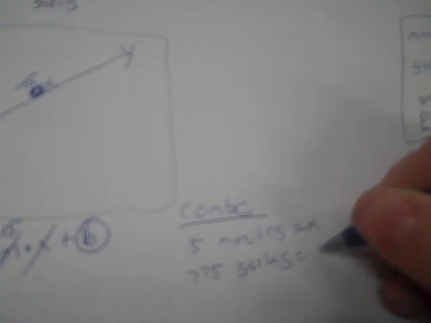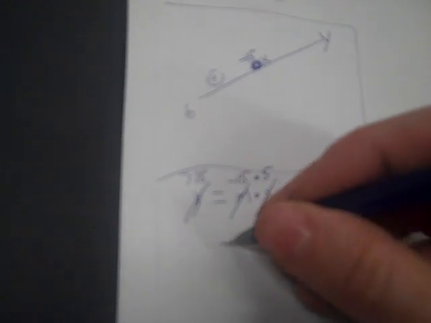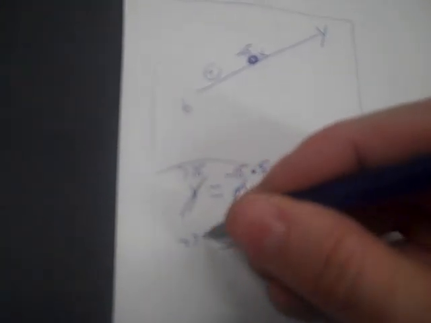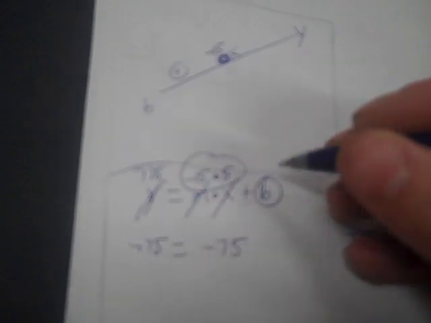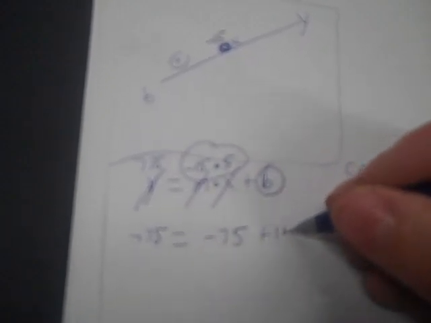That's X, that's Y. So 775 takes the place of the Y, and then times the negative 15 by 5. So here you have 775 sitting over here all by itself. On the other side you have an operation to do. Negative 15 times 5 is negative 75, plus 1b.